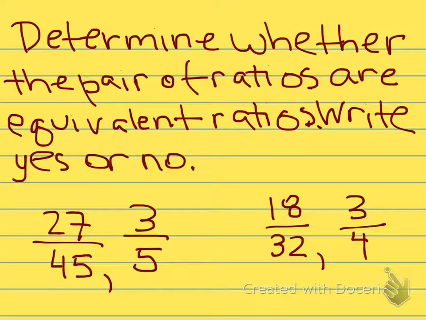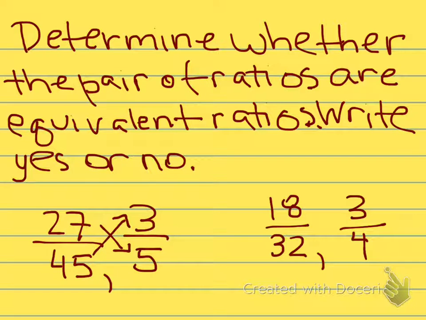Here we're asked to determine whether the pair of ratios are equivalent ratios, and we're supposed to write yes or no. When we're trying to determine whether a pair of ratios are equivalent, we need to cross multiply. So we're going to cross multiply, and we're going to get what 27 times 5 is.